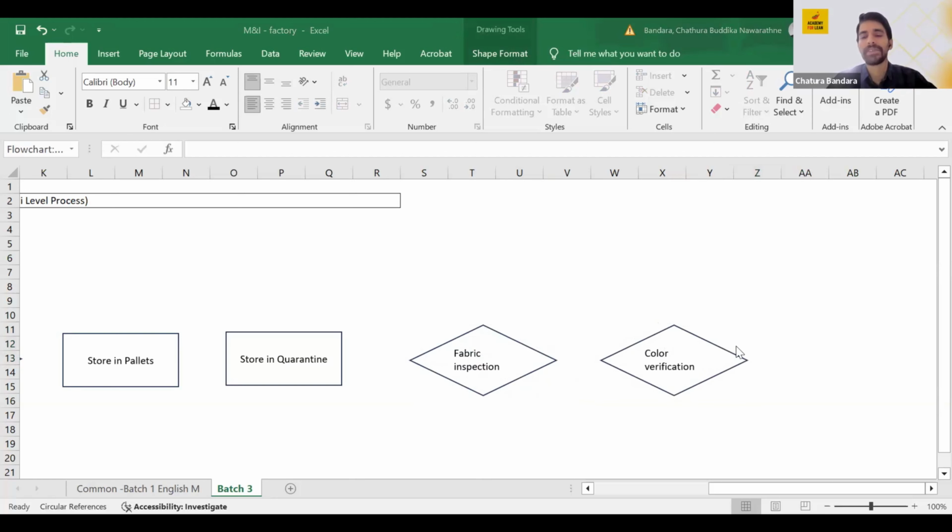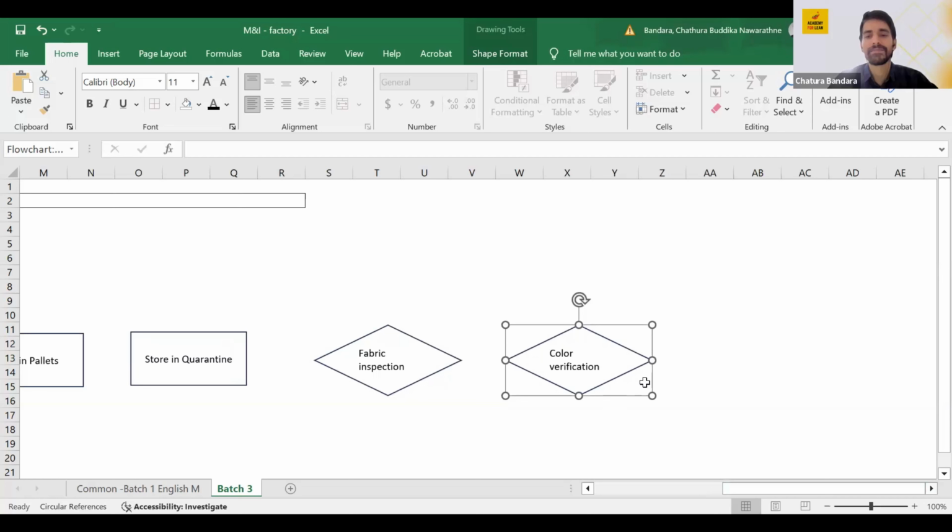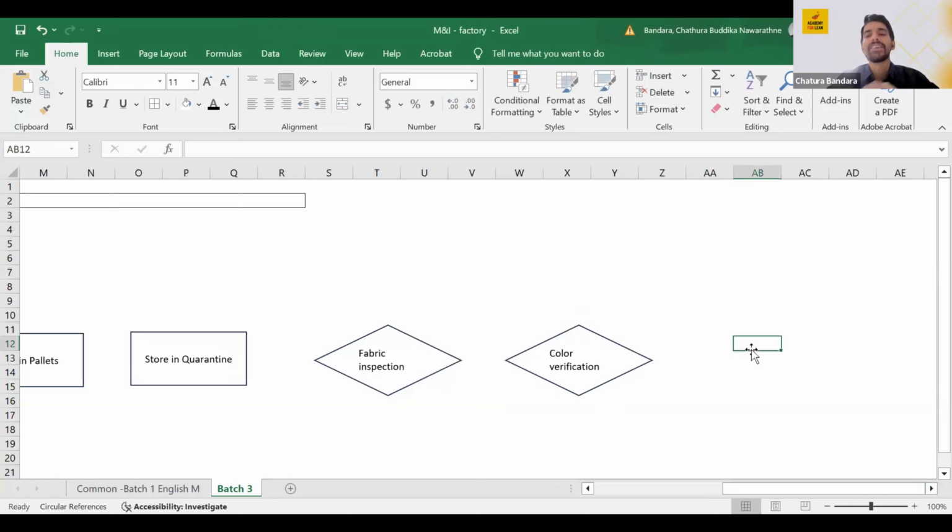You can name it color verification, color grouping, color shade, batch verification, or anything. Okay, I'll write it as color verification. Then imagine color verification also passes. Everything goes smooth. Then what happened?